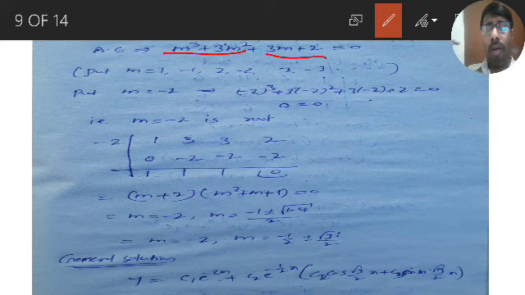Now by using trial and error, put m is equal to 1, m is equal to minus 1, m is equal to 2, m equal to minus 2, m is equal to 3, m is equal to minus 3, and so on. So from the trial and error method, find the root.